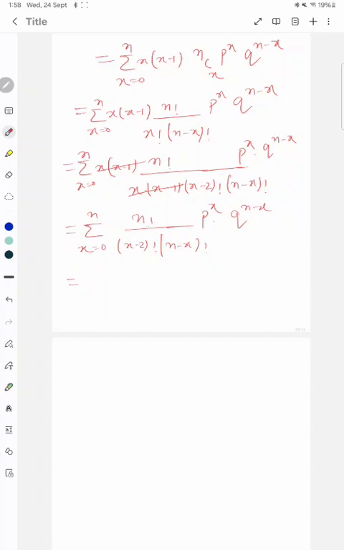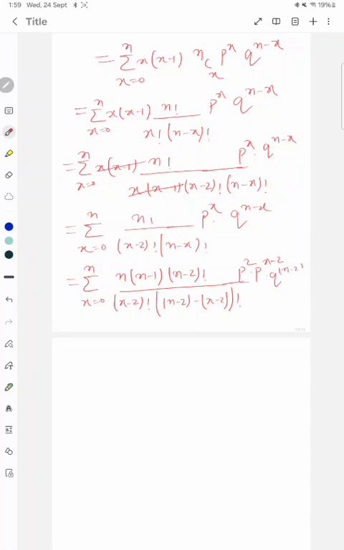Now we will make this summation x 0 to n into n minus 1 into factorial n minus 2 by x minus 2 factorial into n minus 2 minus x minus 2 factorial, and we also write the p^x same as p square into p^(x minus 2), and q^(n minus 2 minus (x minus 2)).